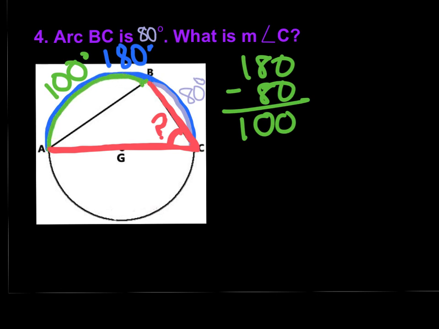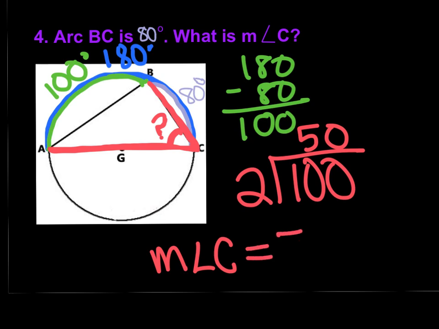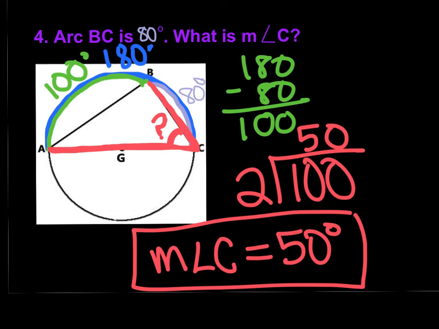We know that it is half of the intercepted arc, so we're going to take 100 divided by 2, and we get 50. So we know that the measurement of angle C is 50 degrees. Okay?